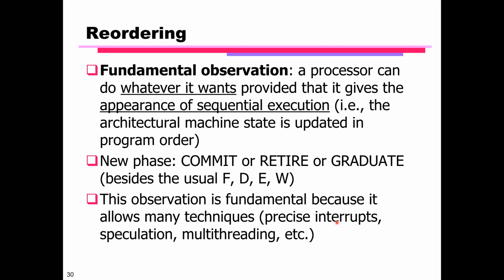An instruction graduates the moment I tell the user, meaning I put in the machine state the value that would have been there at this point of the sequential execution. And maybe this has nothing to do with what I'm actually doing and how I'm actually doing things.